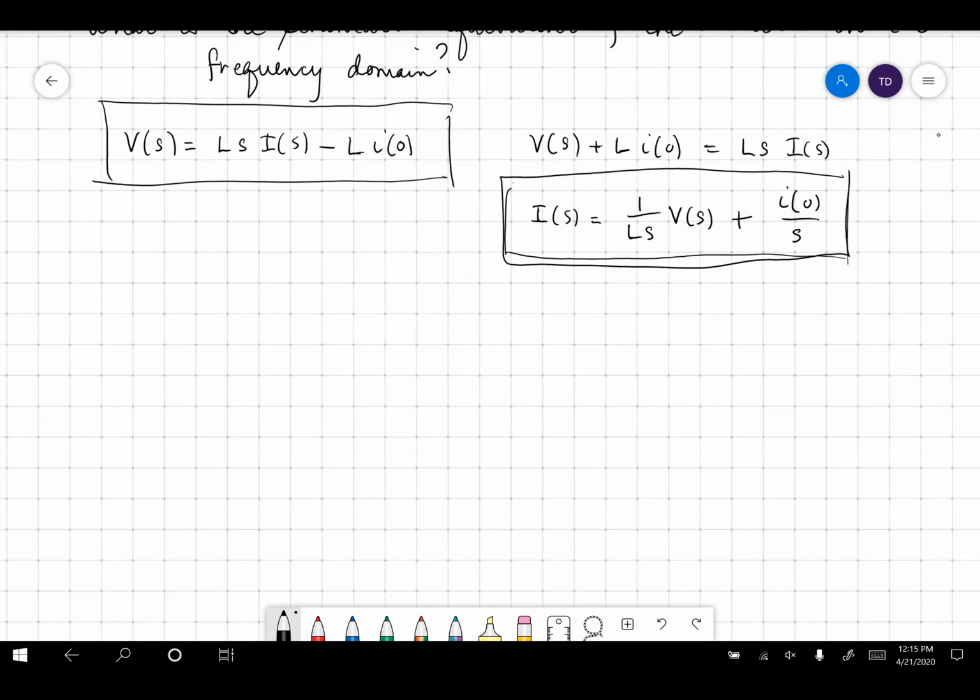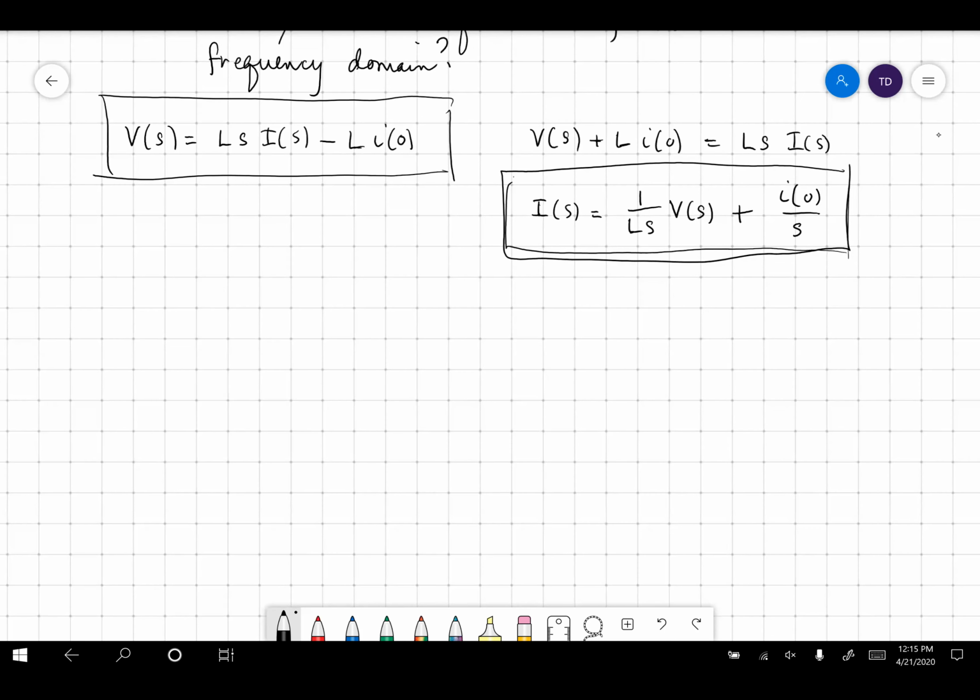All right. Let's see what that looks like if I were to try to draw this. From a voltage perspective, it looks like the following.